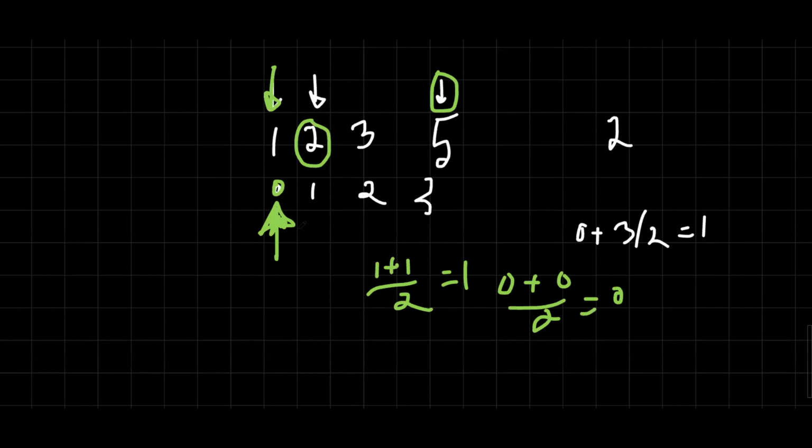Now we can see that the value present at index 0 is 1, which is less than our target value 2. So we have to shift our left pointer to mid plus 1. So now our left pointer will point to this element.